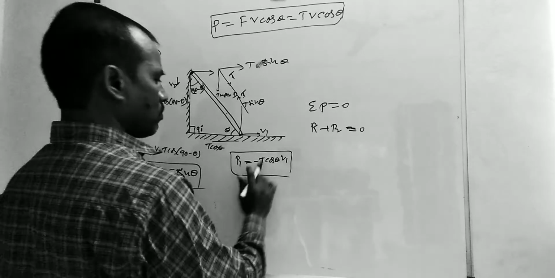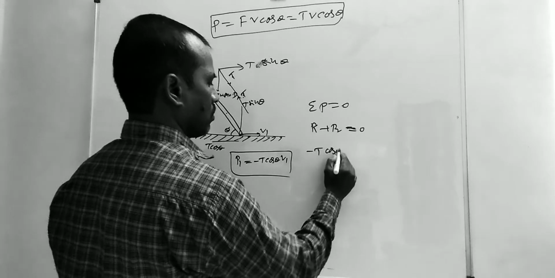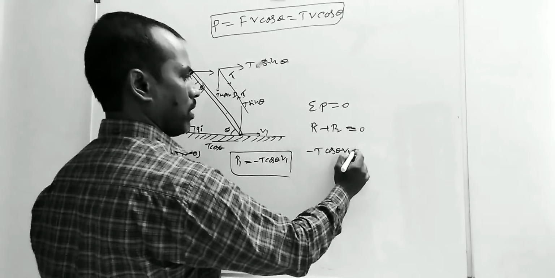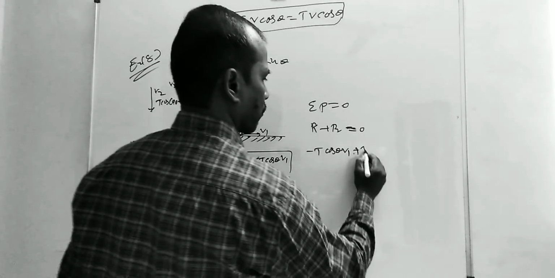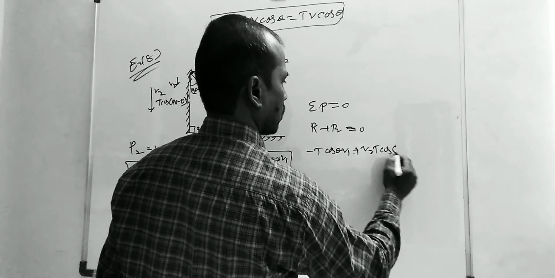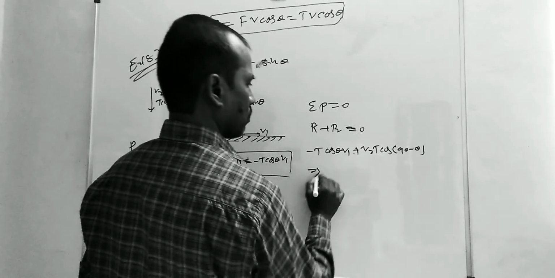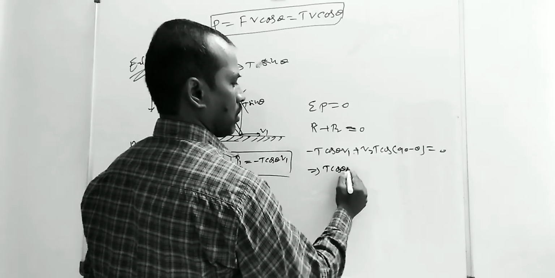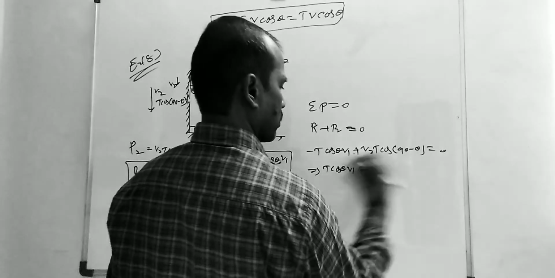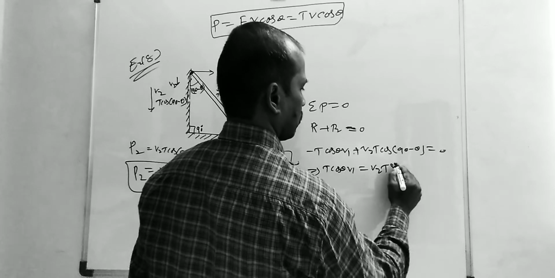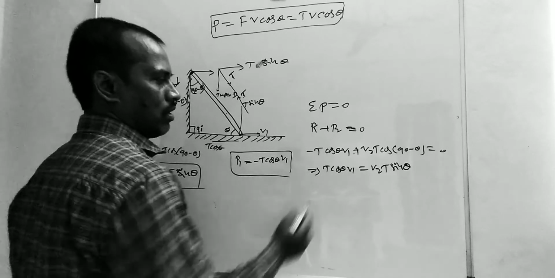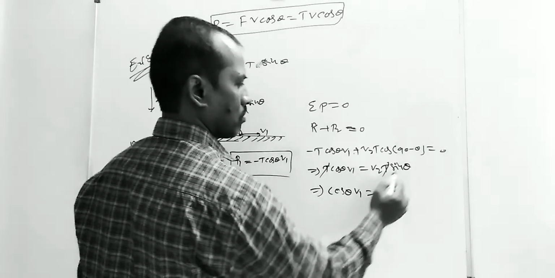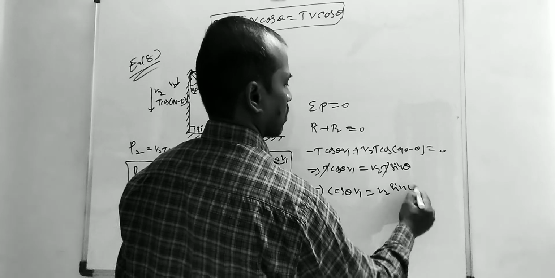And substituting this value, minus T cos theta V1 plus V2 T cos of (90 minus theta) is equal to 0. Taking to the right side, the minus gets cancelled: T cos theta V1 is equal to V2 T sin theta. The T's get cancelled, so cos theta V1 is equal to V2 sin theta.